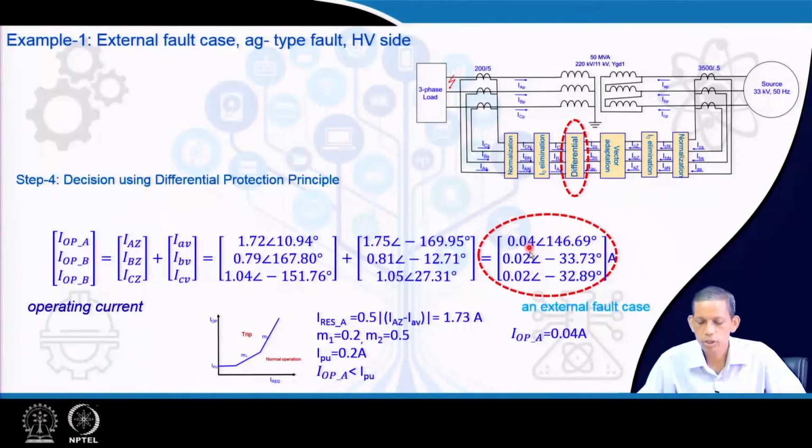These values are much smaller than the corresponding values from this side.